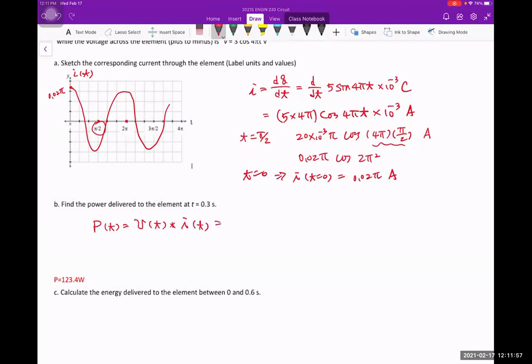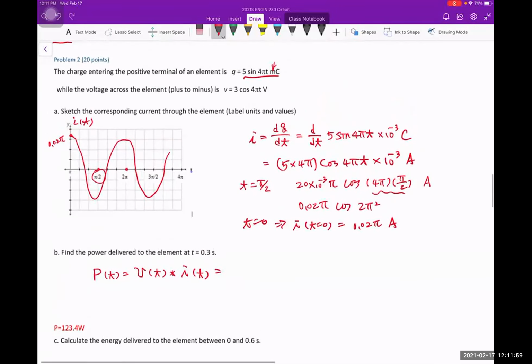Both functions are given, well, they didn't give you the i, but you find the i from the q. So your voltage is 3 cosine 4 pi t, and your current equation is 0.02 pi cosine 4 pi t.